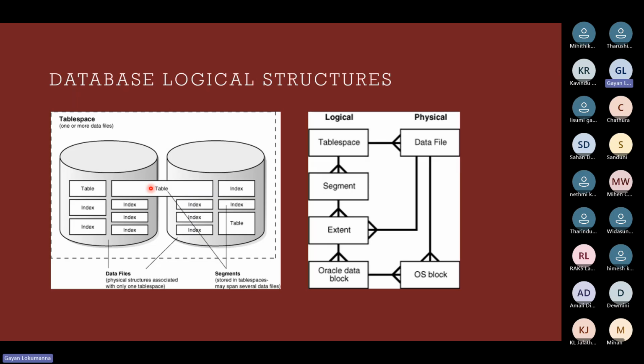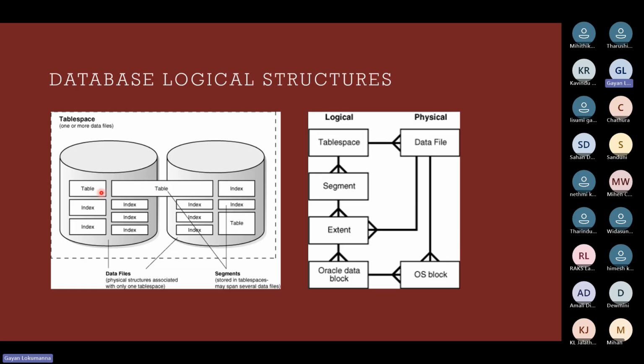Why? Because you may not have data at all in the first place. So space allocation we can defer. We call it deferred segment space allocation, right? So we can defer the requirement of allocating space for this segment.